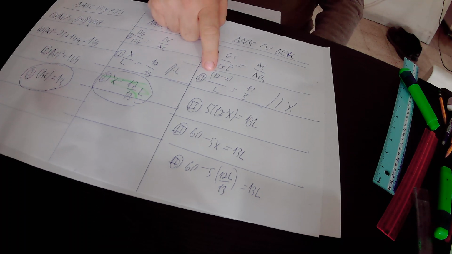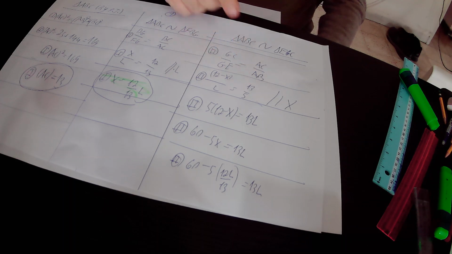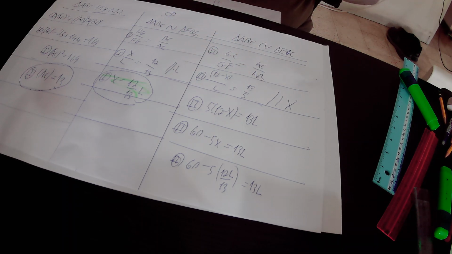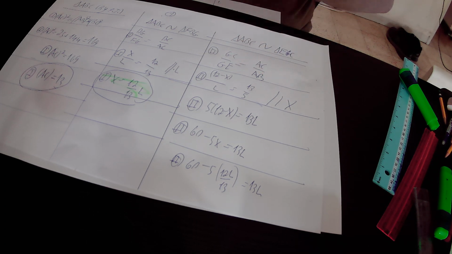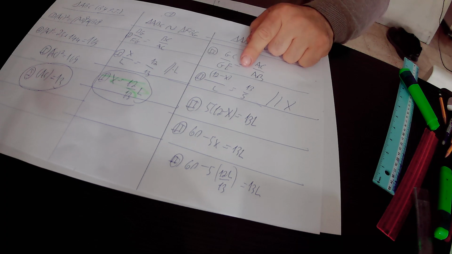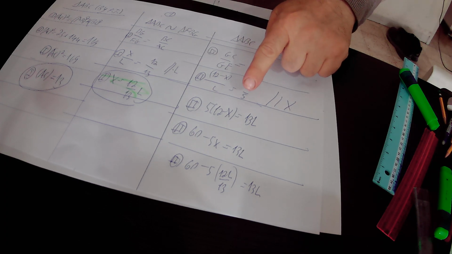GC is 12 minus X, GE is L, AC is 13, and AB is 5. So in conclusion, according to this equation 2, 12 minus X over L equals 13 over 5. Here we cross multiply this equation 2, and finally found out that 5 times 12 minus X equals 13L.